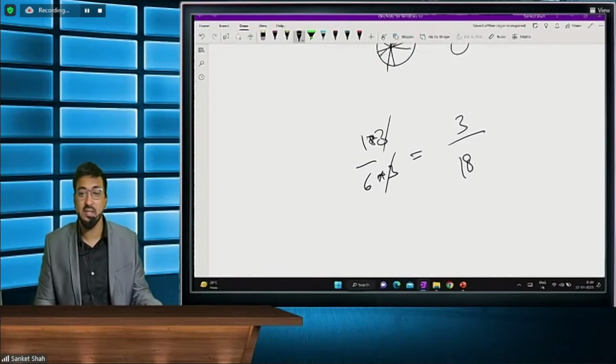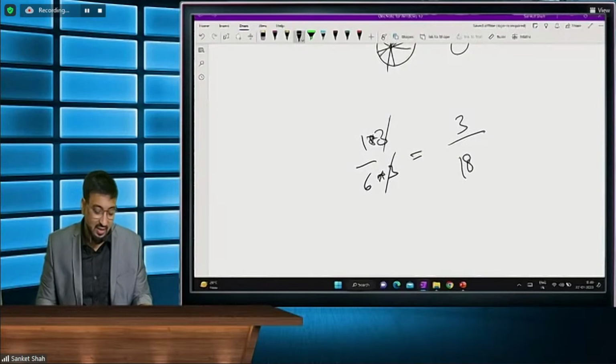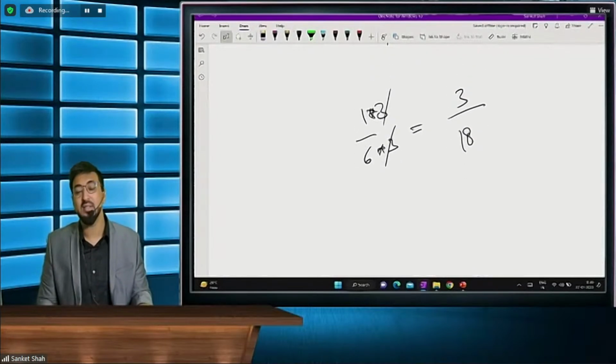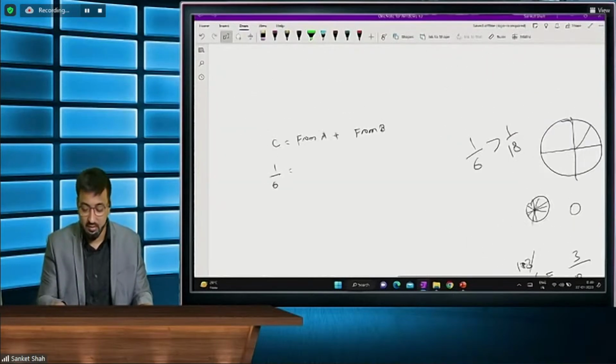So 1/6 is equal to 3/18. Both are the same. I knew many students would say 3/18, okay, no problem.